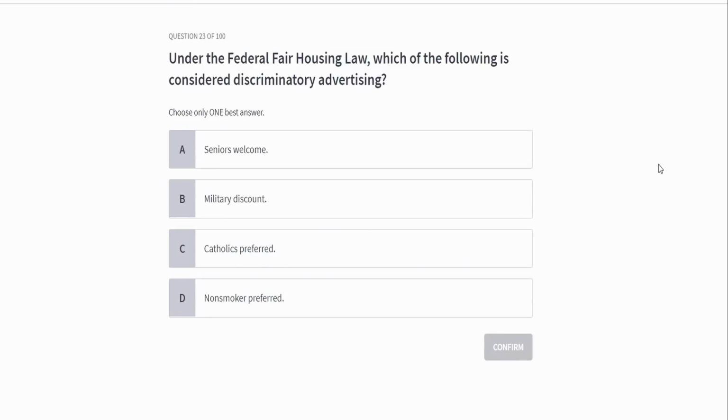All right, next one, 23. Oh, we're doing another fair housing question. All right, so under the federal fair housing law, which of the following is considered discriminatory advertising?